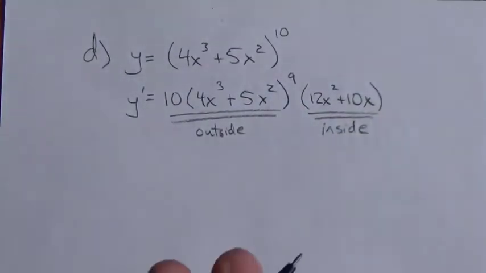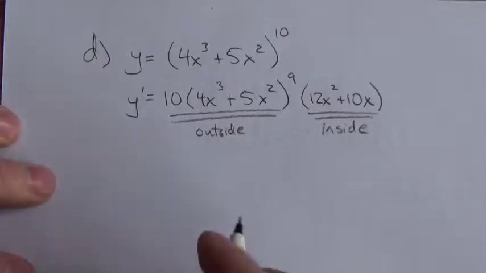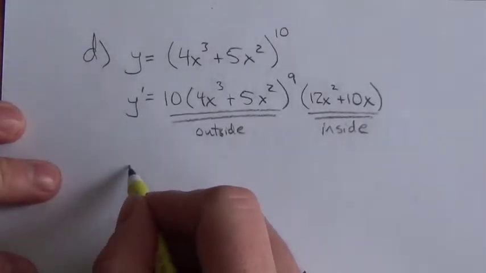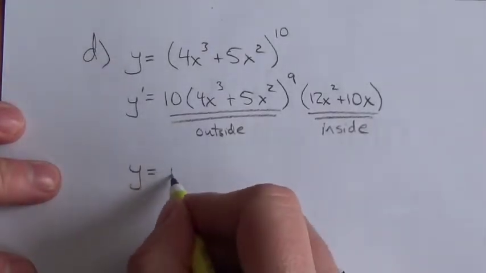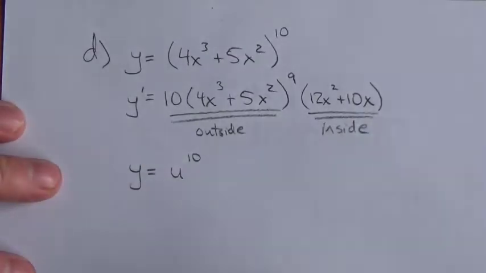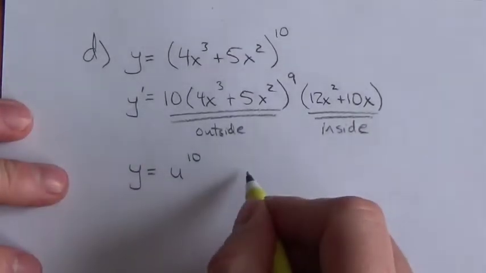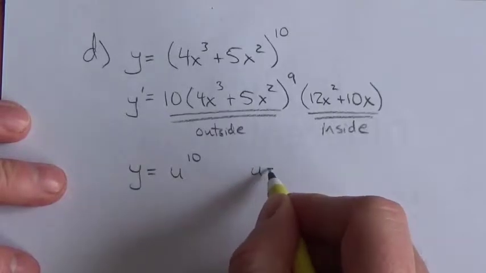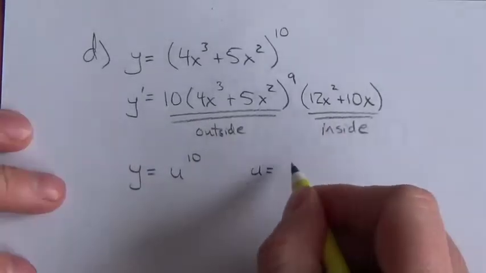Okay. Now what I want to do is very similar to what I have just done in the last two examples. I'm going to say that y is equal to, let's say, u to the 10. Now the assumption here is that u is some function of x.